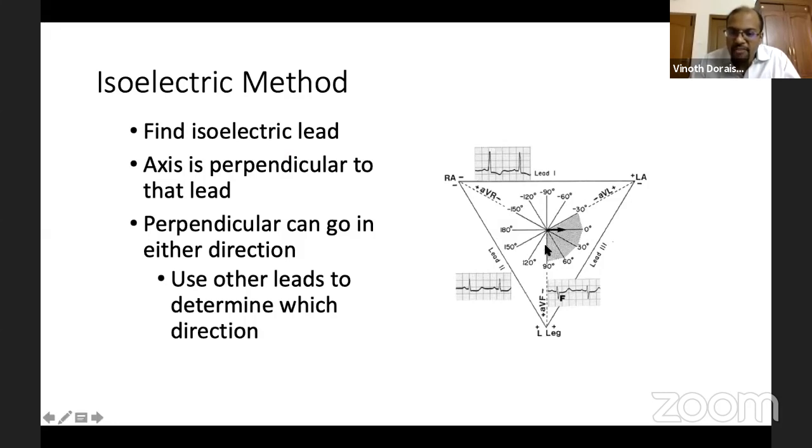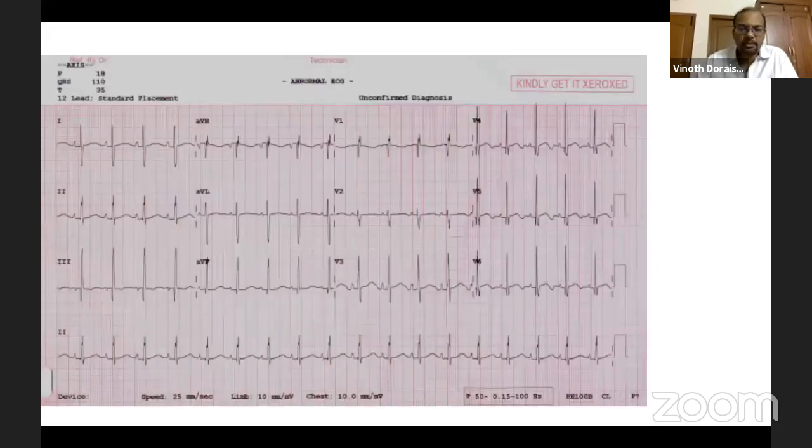If AVF is the most isoelectric, we know that the axis has to be perpendicular to AVF, which means it has to be this, that is lead 1. The axis can be on the positive side of lead 1, or it can be on the negative side, that is minus 180. How do you know that? You have to see the other leads. We know that lead 2 is positive. If lead 2 is positive, it has to be 0 degrees. This is the way you use the isoelectric method.